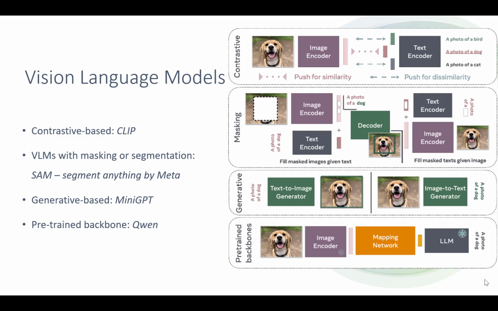There are two parts, image encoder and text encoder, and then it compares the image with the text, and based on that it returns that it's a photo of a dog. Or if you are providing a text and want to get an image back, then it will get the text, recognize that it's a dog, and then return an image of a dog.